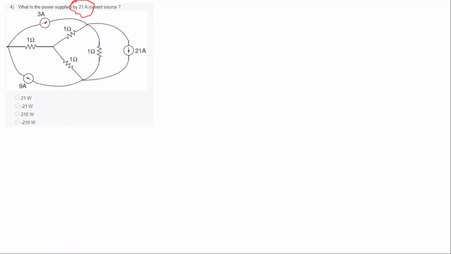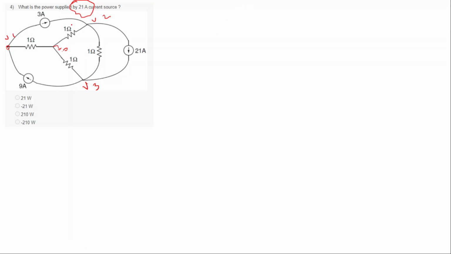But here there are a lot of elements connected in parallel, so we can apply the node voltage equation very conveniently. We choose this as 0 volt potential, and assume this as V1, this as V2, this as V3.